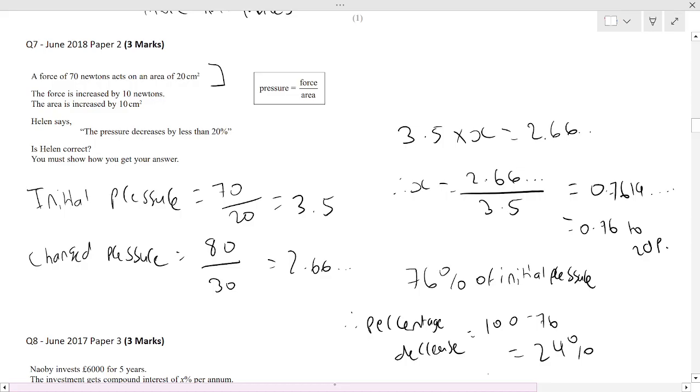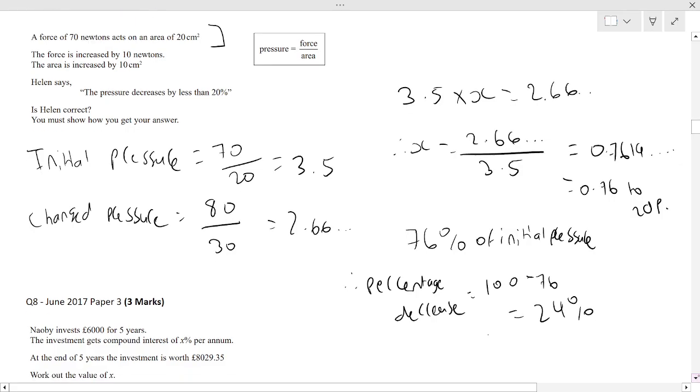So how much have we lost? We started from 100% and then we've gone down to 76. So our decrease is minusing, right, to get 24. So that's your decrease. But it said the percentage decrease is less than 20. Well, 24 is obviously greater than 20. So therefore, Helen is wrong.